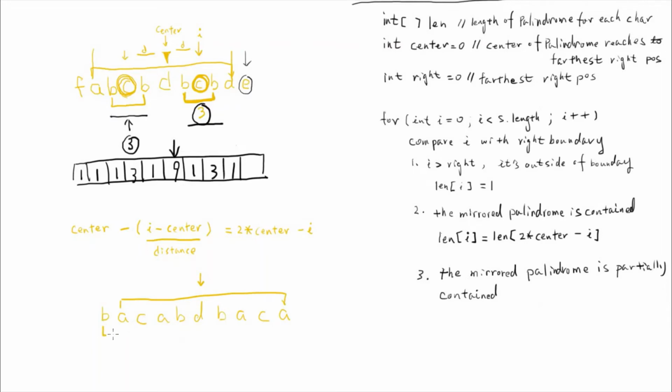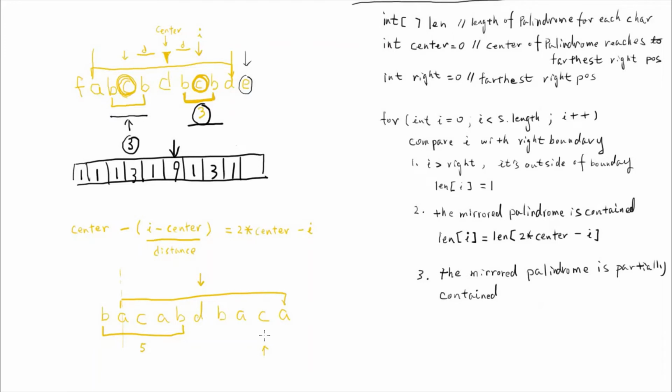It centers at C and is bounded from B to B. As you can see, the palindrome at center C is partially contained. So when we visit the C on the right side and we try to copy the length of the palindrome from the left side, the length here is 5.